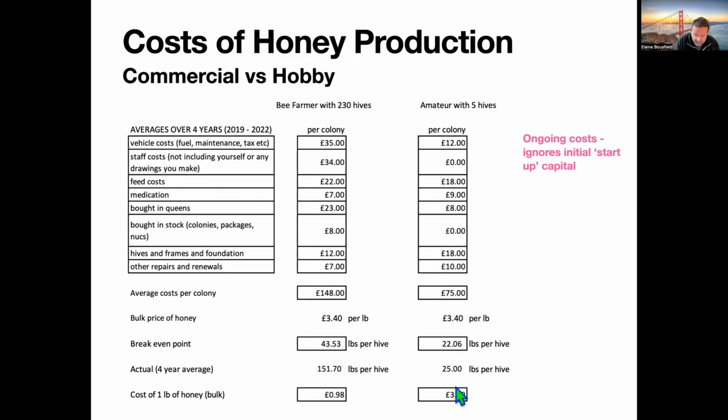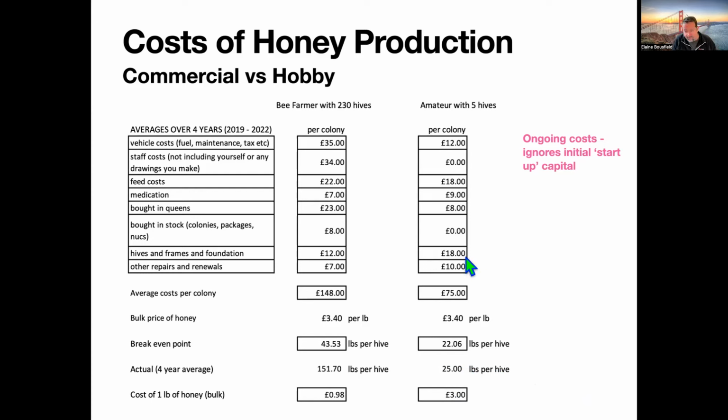And this translates into a much higher cost per pound of honey. And the way that you make this number go down, the best way is to make more honey per hive. So if you were to have 2 supers of honey on every hive full of honey rather than one, you're almost caught up to the bee farmer in terms of profitability.